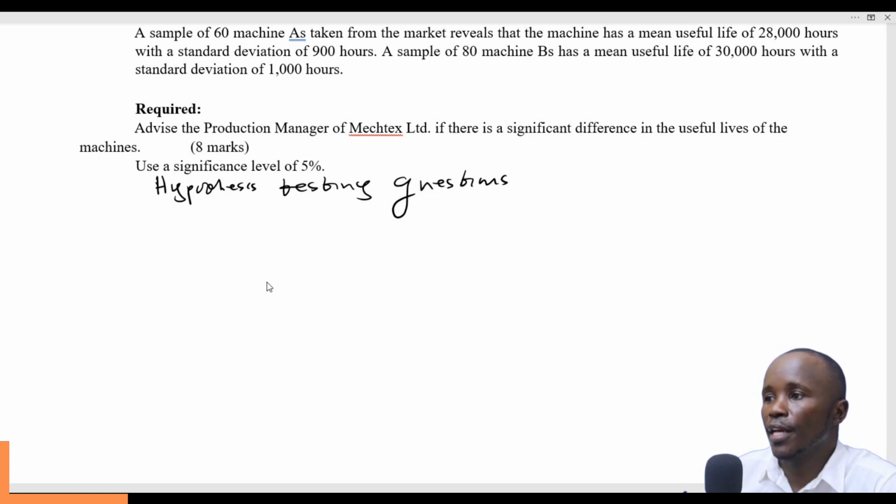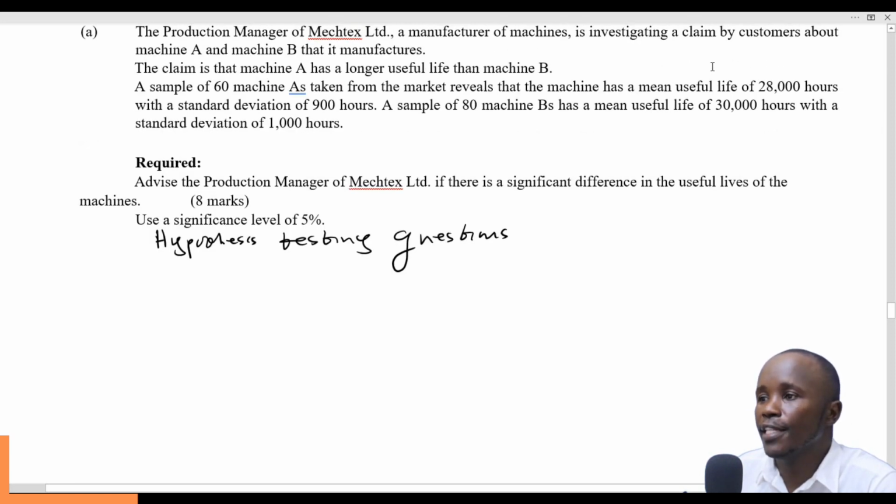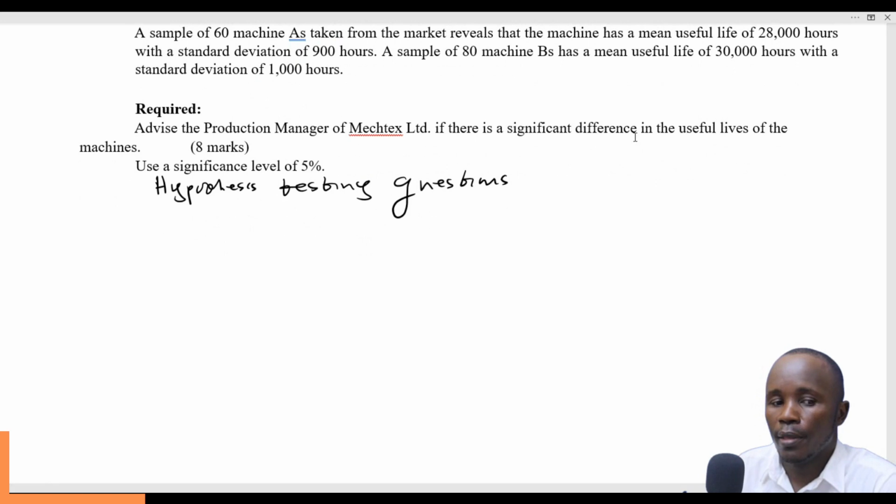You're told that one has a mean useful life of 28,000 and the other one has a mean of 30,000. We are testing whether they have any significant difference in their means. So it is a case of two means, and it is the case of means difference.